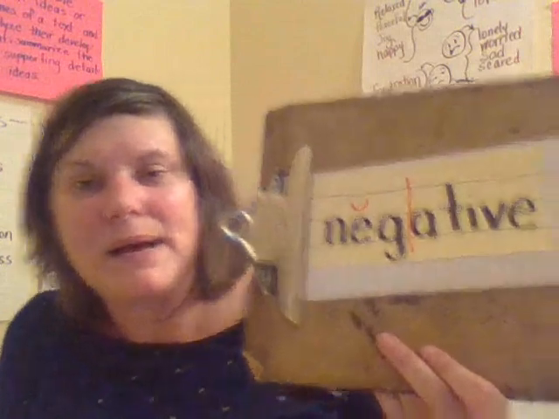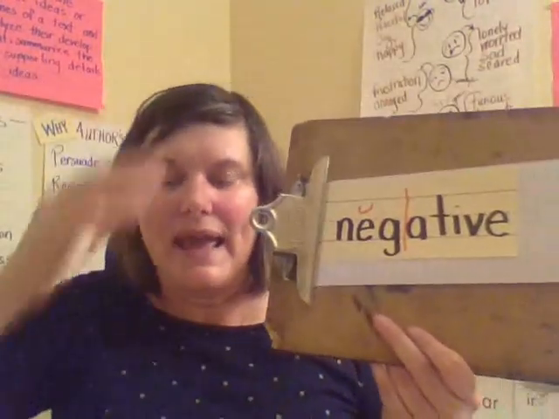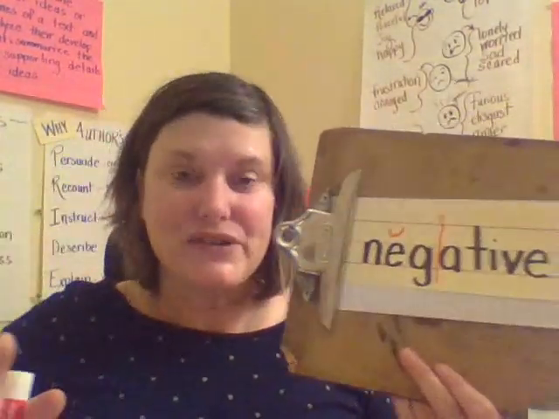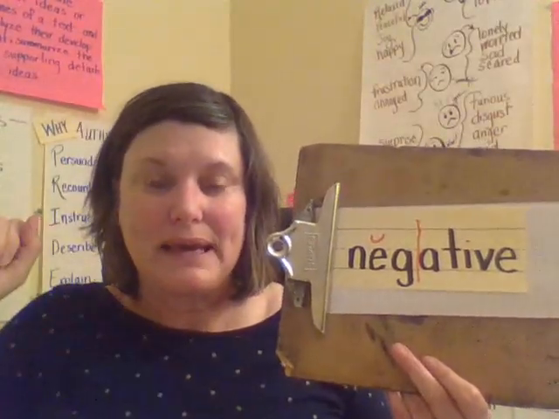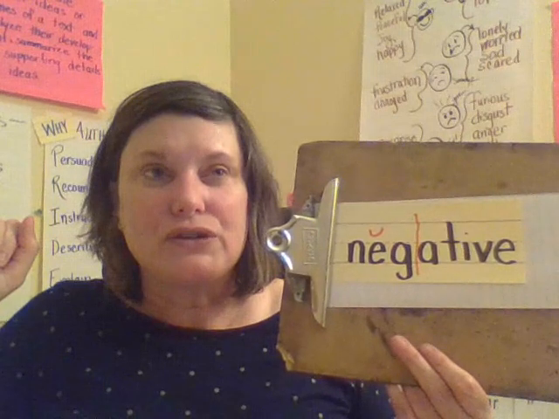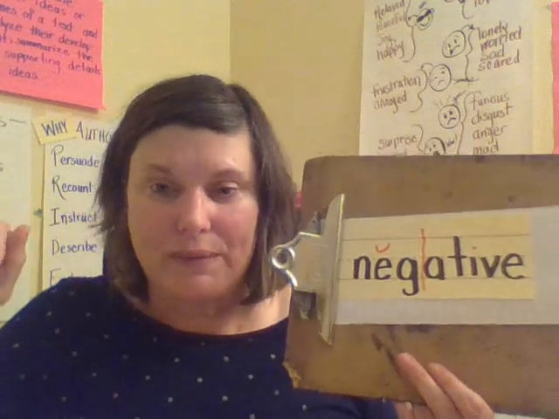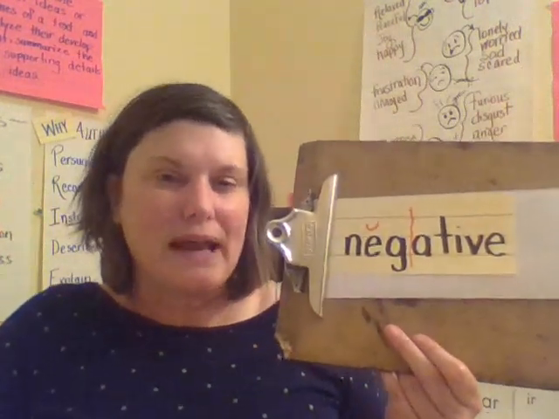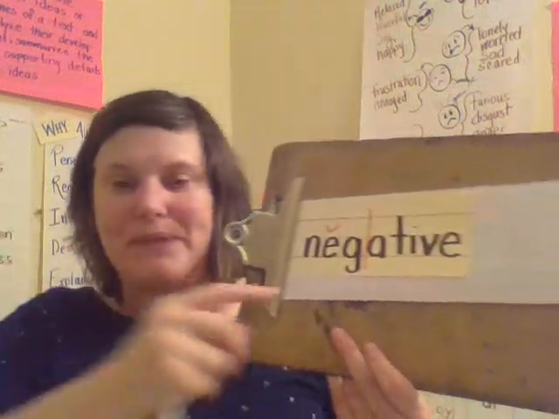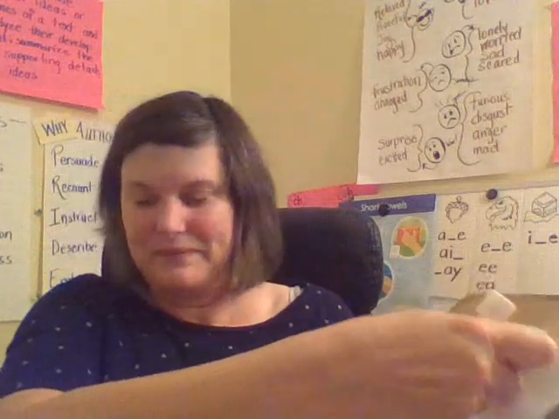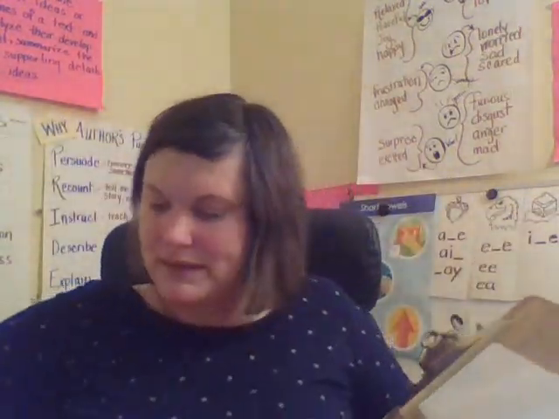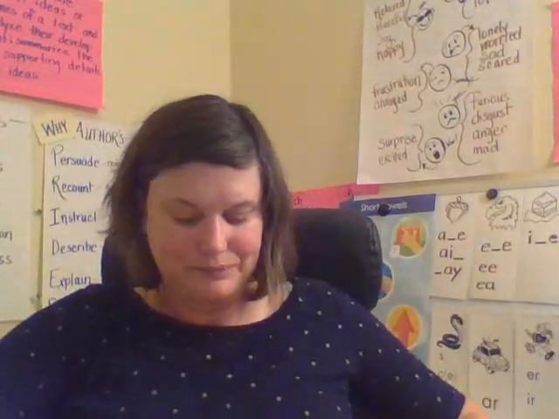Negative is when you're not positive, it's the opposite of positive. Negative would be that you don't agree with it, or you do not have a good attitude about something. So negative. Good job. All right, let's look at our next word.